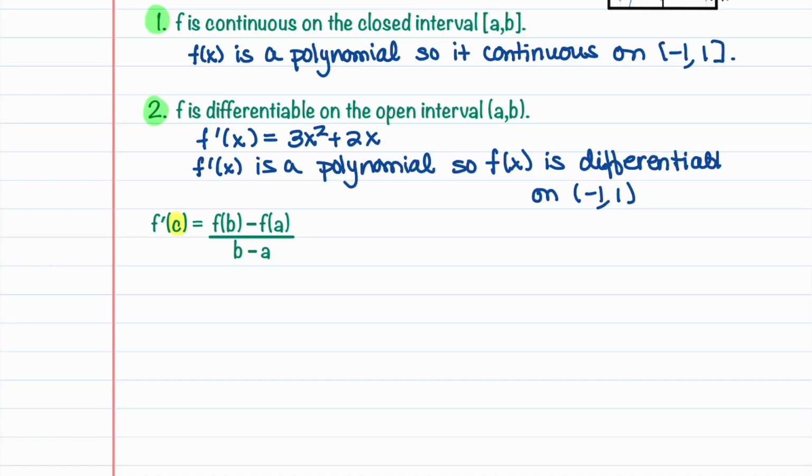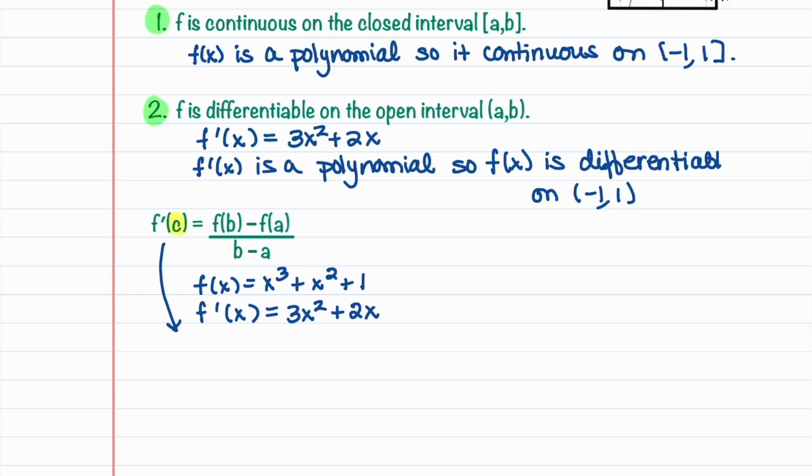Let's start by writing down our function. We have f of x is x cubed plus x squared plus 1, and then we already found the derivative. That was 3x squared plus 2x.